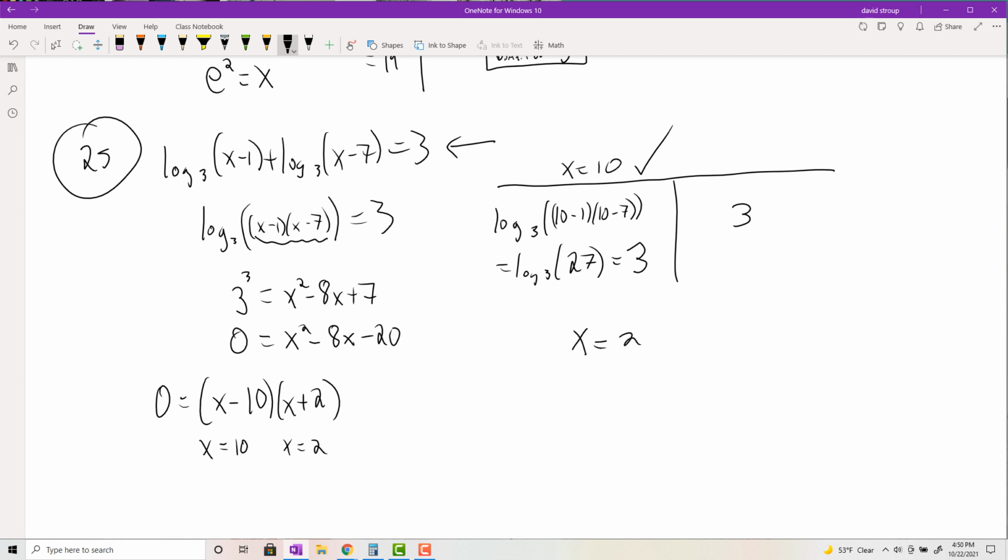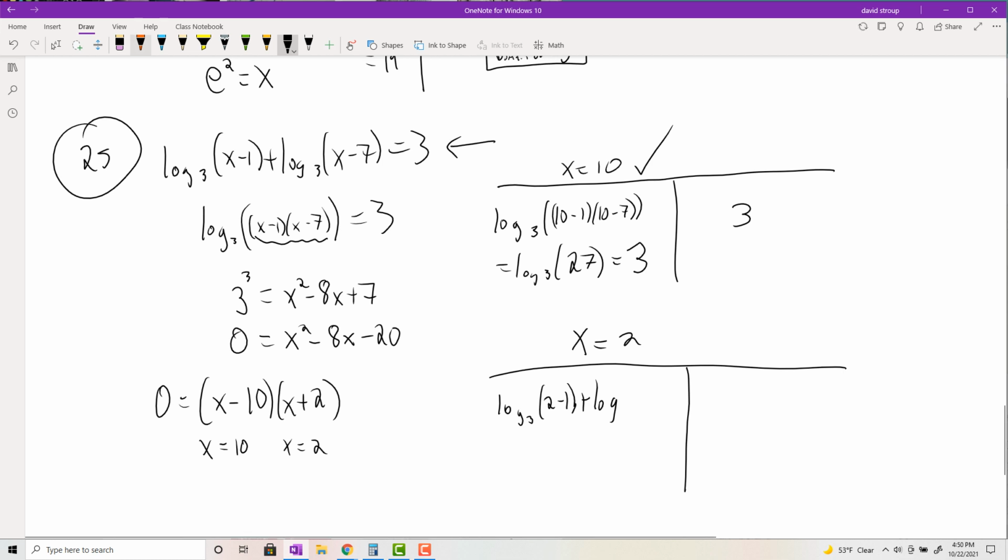Let's try x is 2. So on the left side, you got log base 3 of 2 minus 1 plus, and I screwed up. I said you have to go all the way back to the beginning, and I didn't. I'm so sorry. You have to go to here.